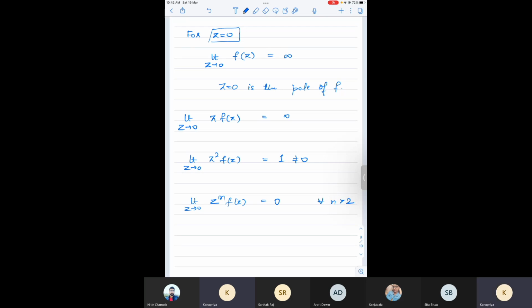From there we can conclude the order of this pole will be 2 at z equal to 0.